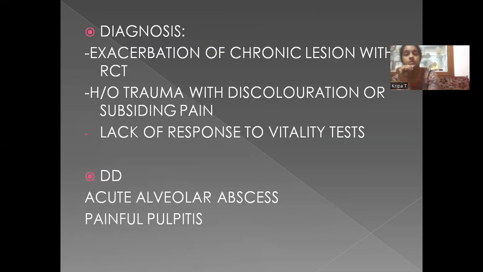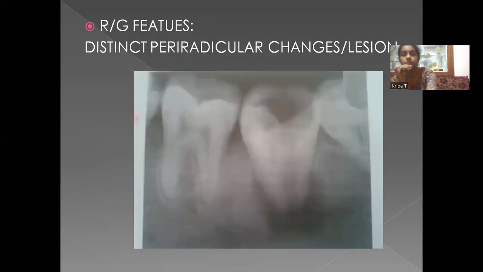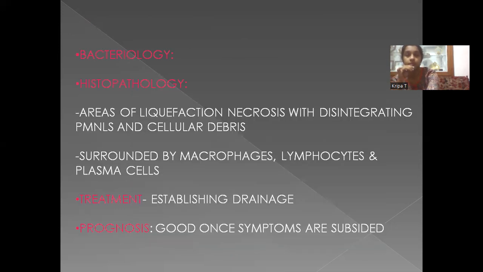Diagnosis: it is an exacerbation of a chronic lesion where endodontic treatment has started, or there will be a history of trauma. There will be a discolored tooth which will not respond to vitality tests, but there has been some reason because of which there is an exacerbation. Radiographically, you can see there are distinct changes in the periapical region.